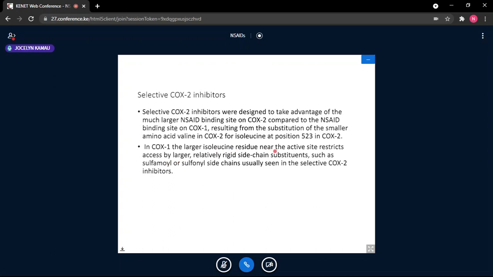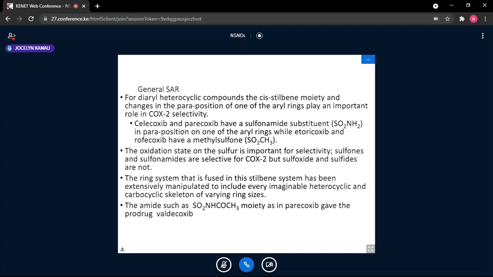In COX-1, the larger isoleucine residue near the active site restricts access by larger, relatively rigid side chain substituents such as sulfamoyl or sulfonyl side chains, usually seen in the selective COX-2 drugs. So the isoleucine, which is larger, will not allow these rigid structures, the COX-2 selective binders, to interact with the enzyme, and therefore we get very good selectivity.